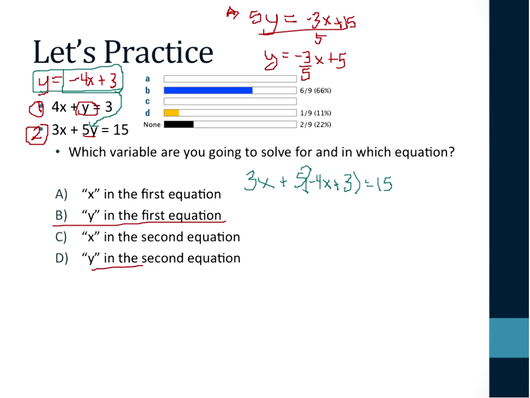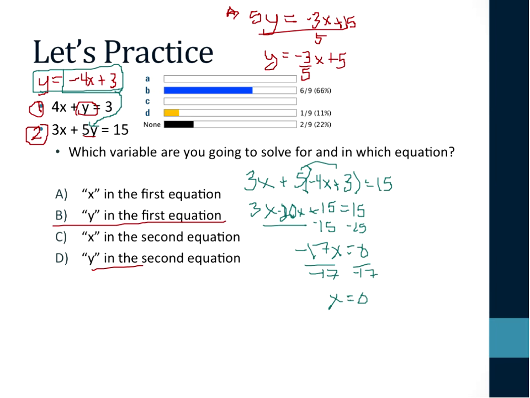Now distributing 5, I get 3x minus 20x plus 15 equals 15. Subtracting 15 on both sides and combining like terms, I get negative 17x equals 0. And if negative 17 times something equals 0, we can see that x has to equal 0.